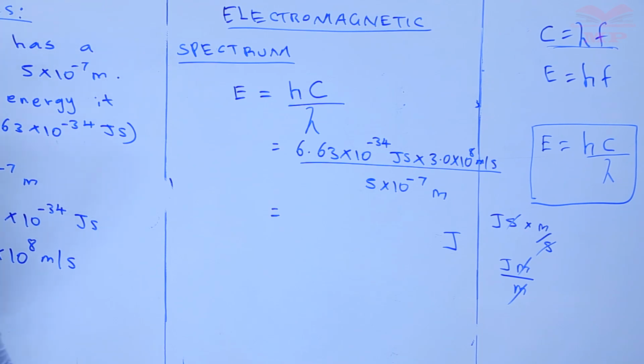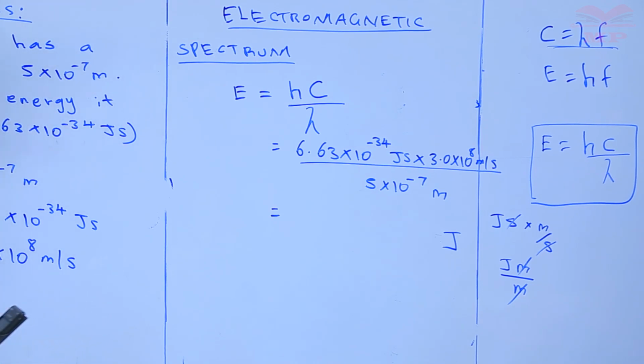So you can feed it in your calculator and get the answer. We have 6.63 multiplied by 10 raised to power negative 34. Then you are multiplying by 3 multiplied by 10 power 8. Then divide by 5 multiplied by 10 power negative 7.